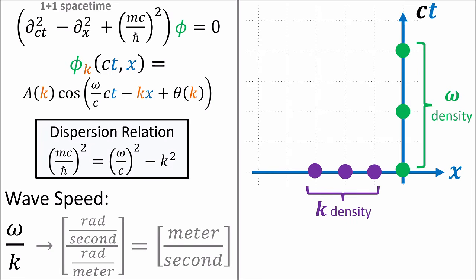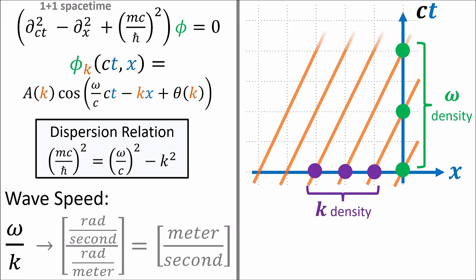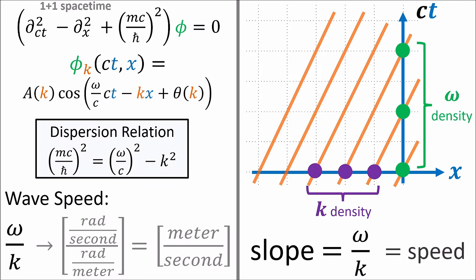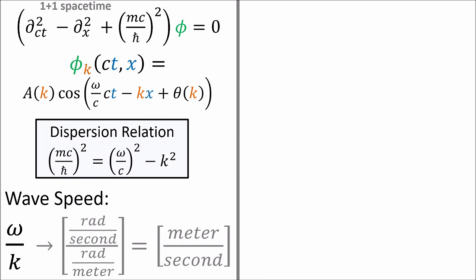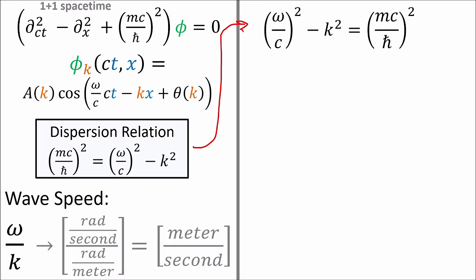If we know what these densities are, we can draw the world lines of the peaks of the wave on the space-time diagram, and the slopes of these wave peak world lines will tell us how fast the wave is traveling. So let's compute this ratio omega over k for our Klein-Gordon solutions. To do this, let's start with our dispersion relation for the Klein-Gordon equation.